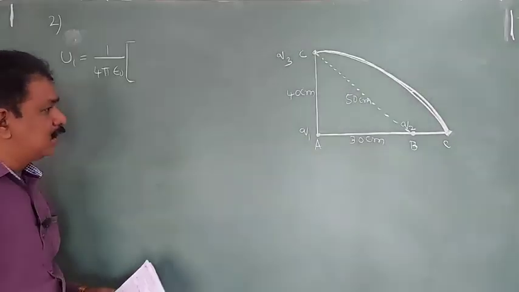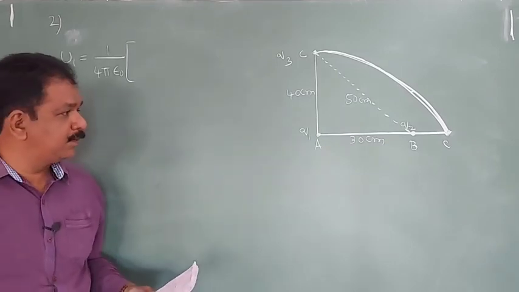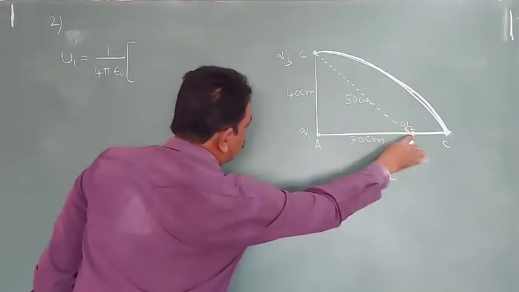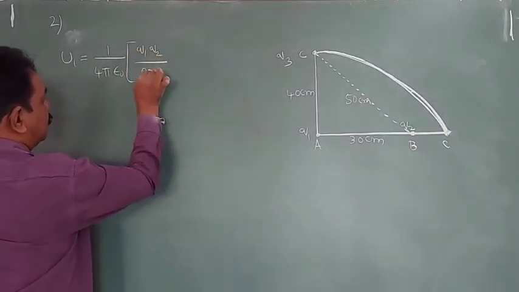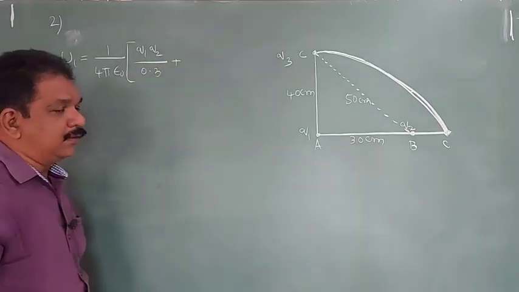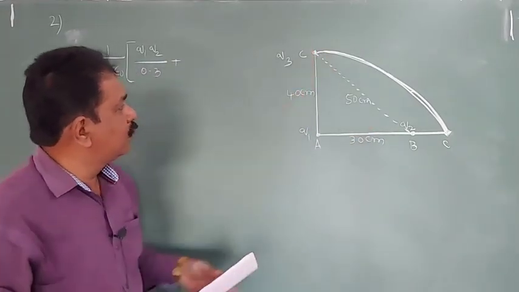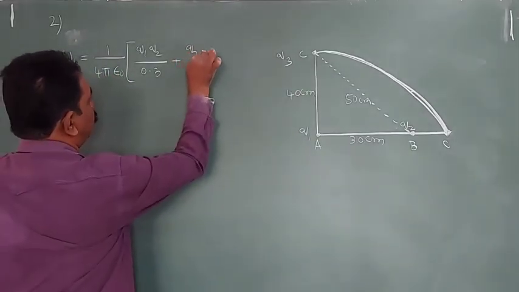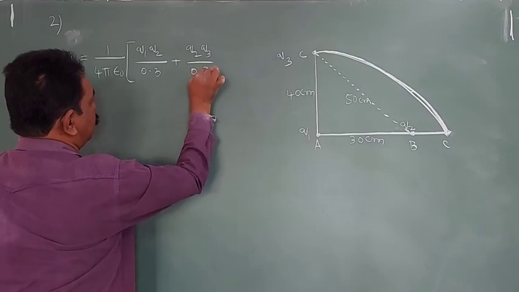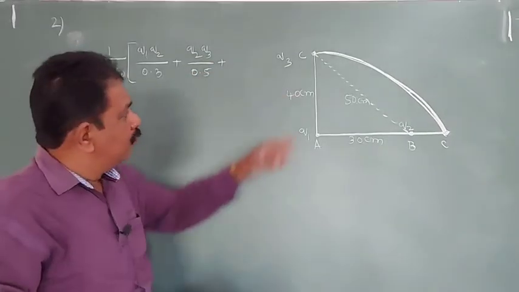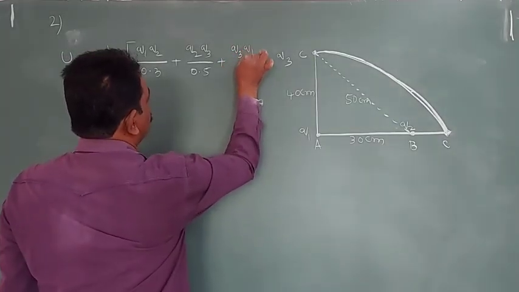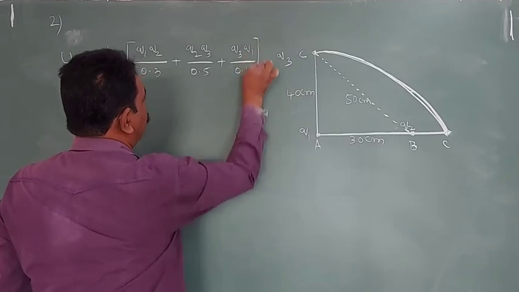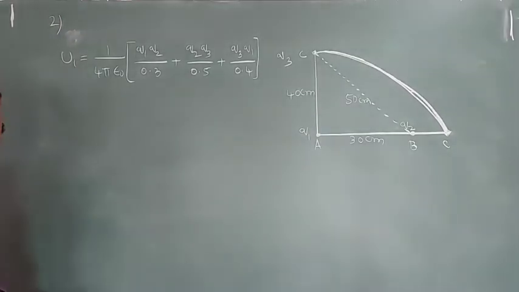So, what is the initial potential energy? 1 by 4 pi epsilon naught, Q1 Q2 by 30 centimeter means 0.3, Q2 Q3 by 0.5, Q3 Q1 by 0.4. Okay, that is the initial potential energy.